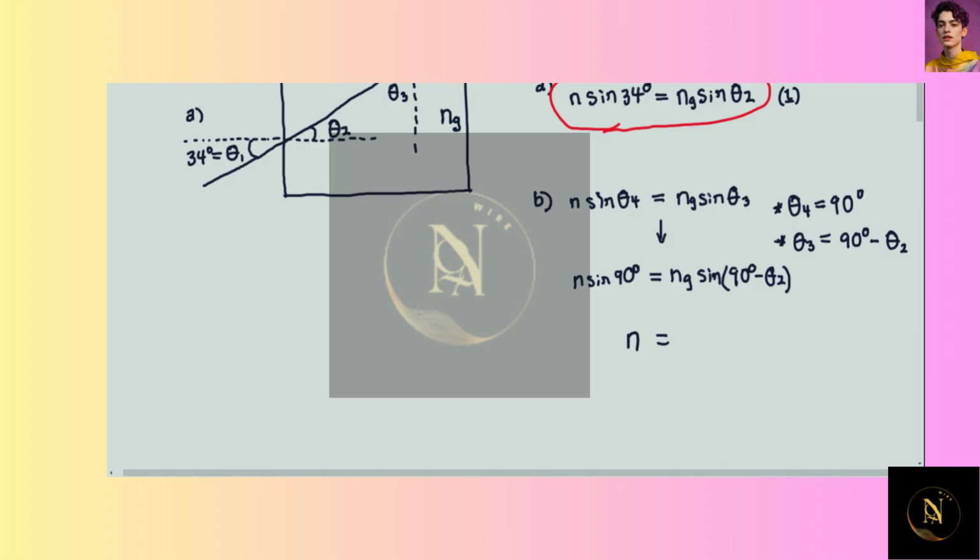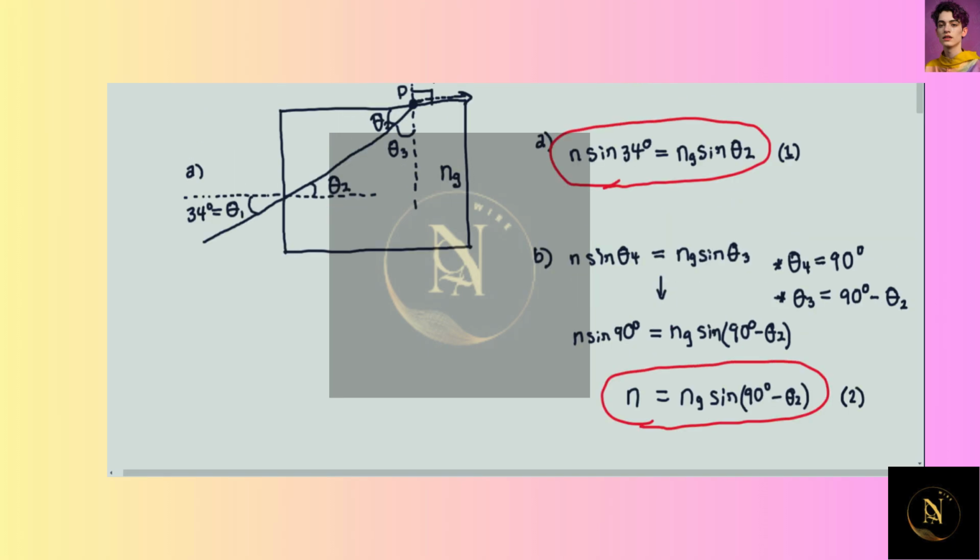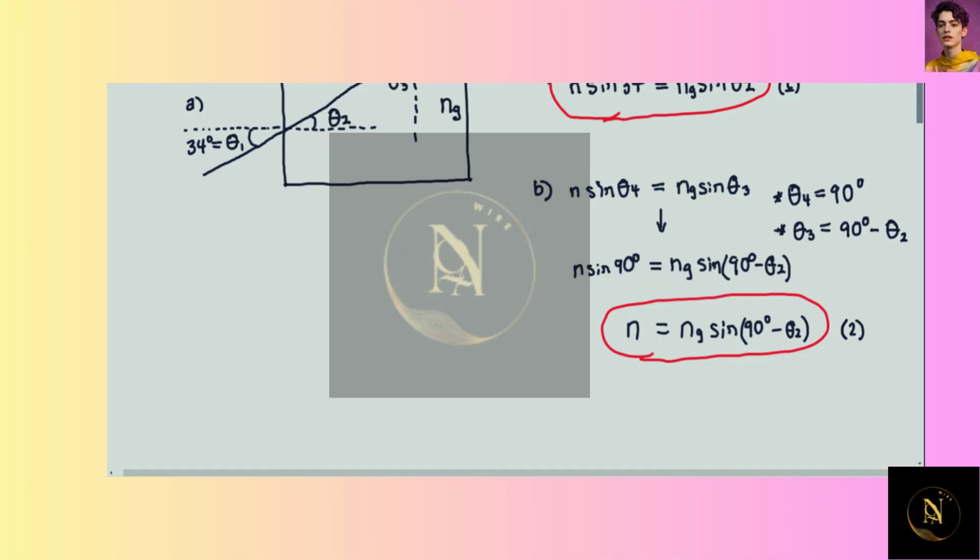Sine of 90 degrees is just 1, so n is equal to Ng sine of 90 degrees minus theta 2. And now we have our second equation. I'll just name it equation 2. All right, there we go. So Ng is already given to us, and since we have two equations and two unknowns, which are n and theta 2, this problem is solvable.